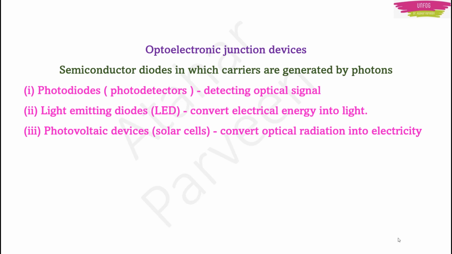It is a very common name, you all must have heard it. This is used to convert electrical energy into light. And the third one is the solar cell. It is a type of photovoltaic device, you can say. Here it will also convert optical radiation into electricity. But the operation of all these three diodes is different. We will discuss one by one.